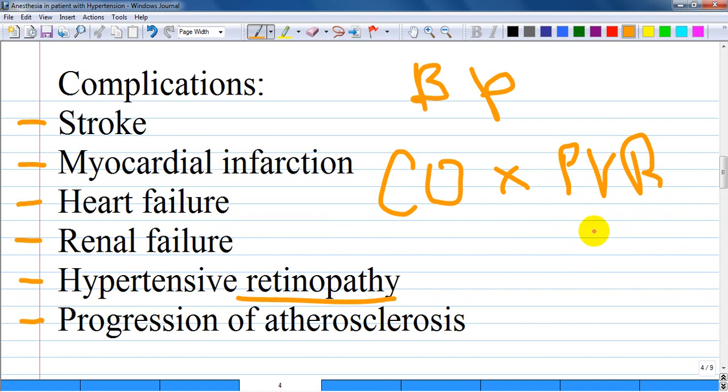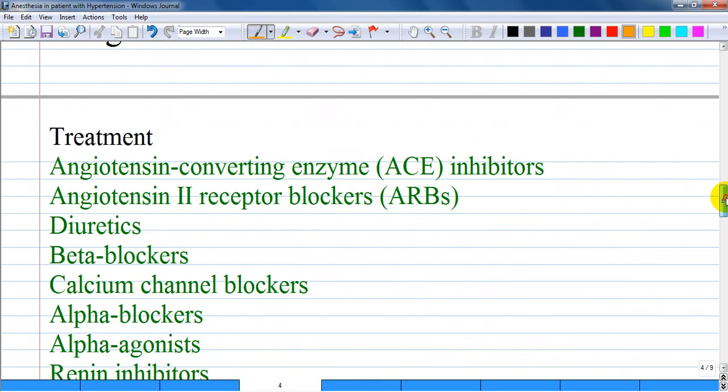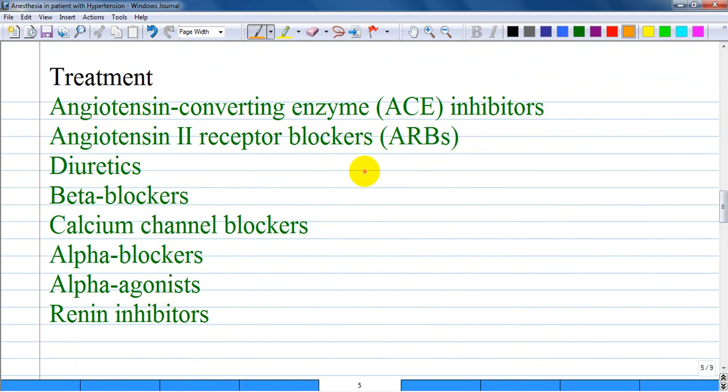All of these come from peripheral vascular resistance, where vessels are more rigid and do not contribute well to the exchange between the vessel and tissue. And of course it progresses in time, and vessels become very rigid, and permeability is decreased.